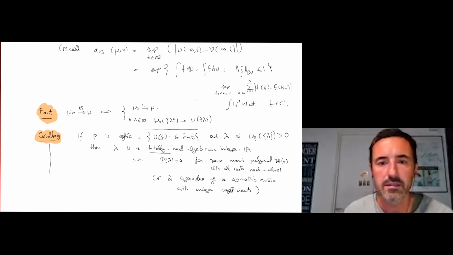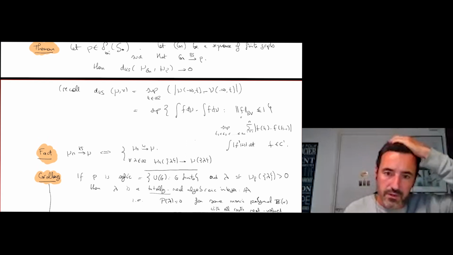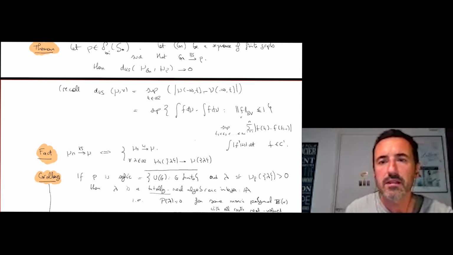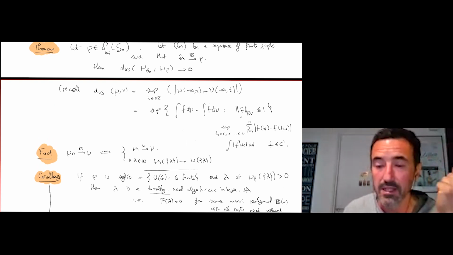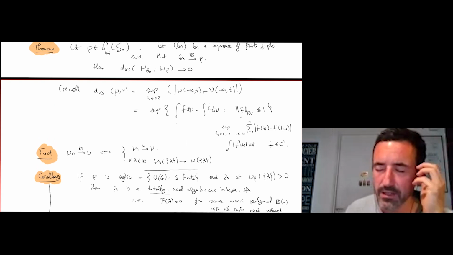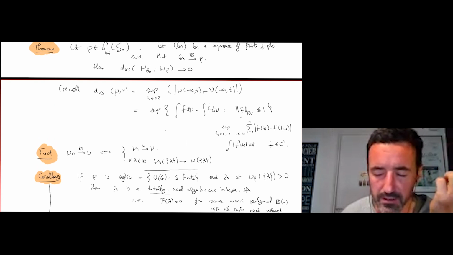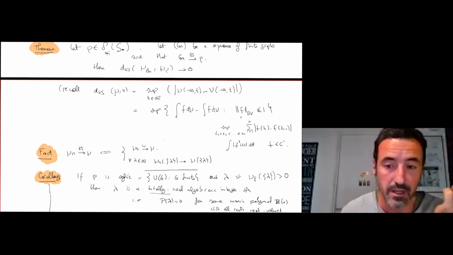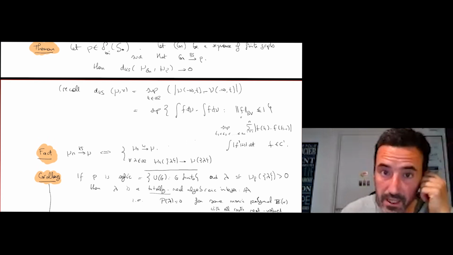So why is that? Because if my measure is sofic, then note that the atoms of μ of Gn are the eigenvalues of an integer-valued matrix.